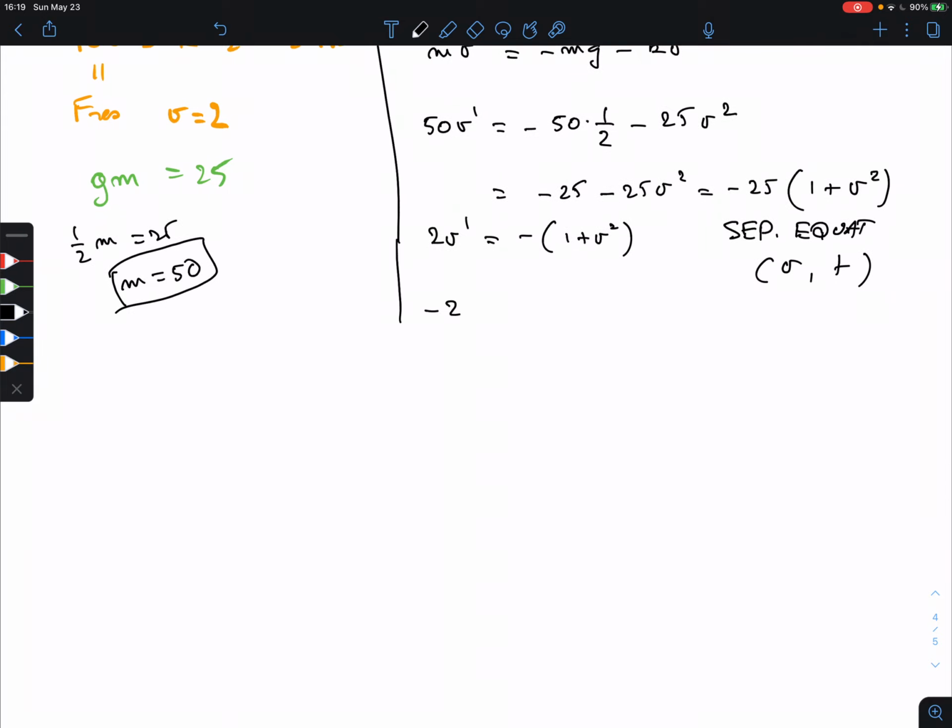So we get minus 2 v prime over 1 plus v square equals, let's keep the minus sign on that side, I guess. Oh, sorry, let me fix this.